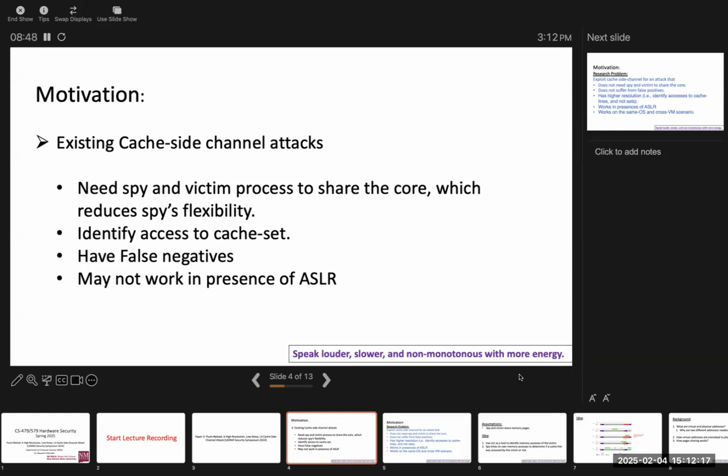If you have multiple virtual machines, they are running on different cores, so they are not sharing. If there is no sharing, there is no leakage of information, and then you cannot exploit that leakage to launch the attack. So as a result, the spy's flexibility reduces.